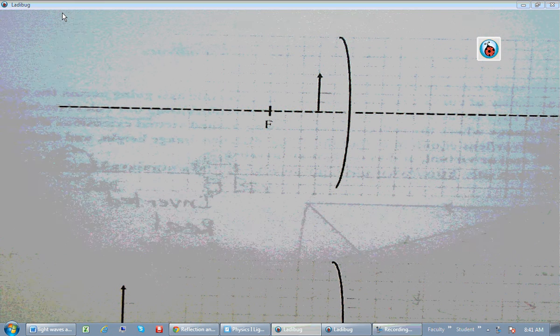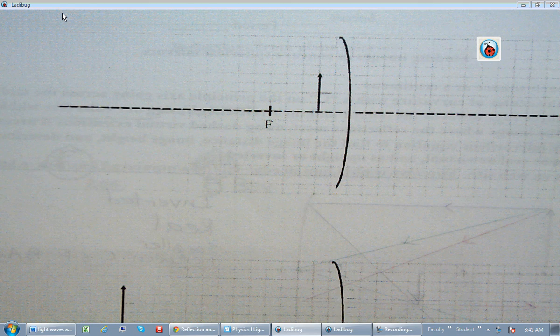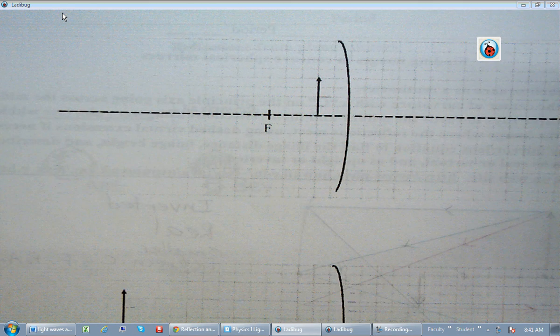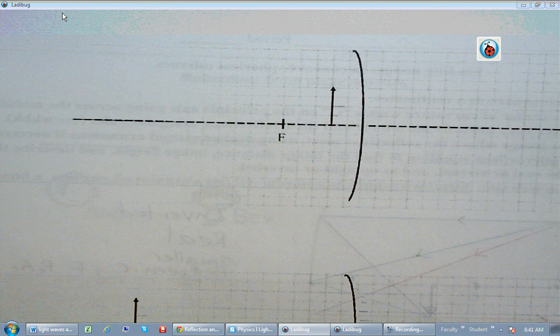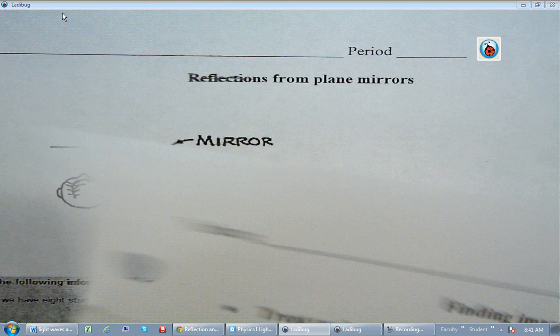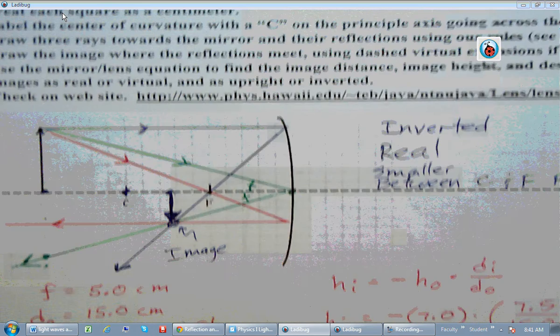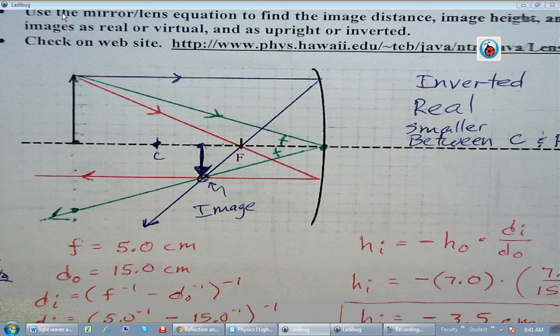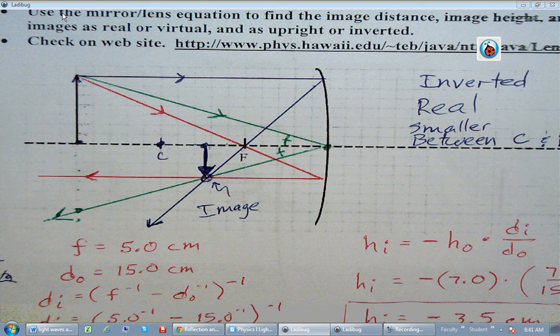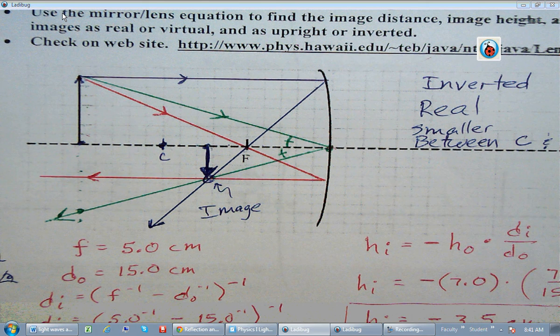Well, here's another installment of how to do ray diagrams and the math associated with concave mirrors. Just to review, in a previous video I showed you what happens with a concave mirror when we have the object located fairly far away from the mirror.